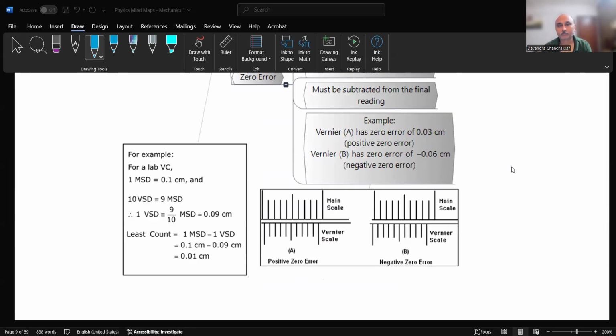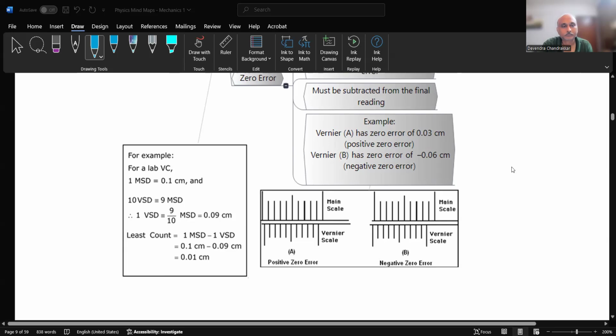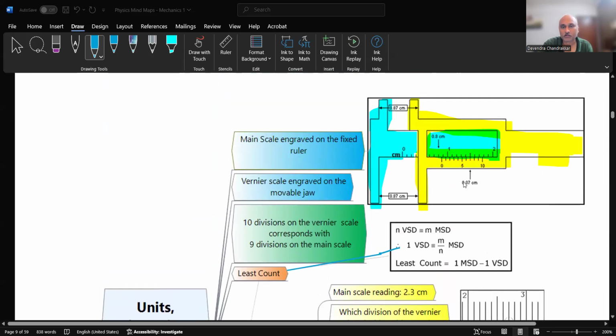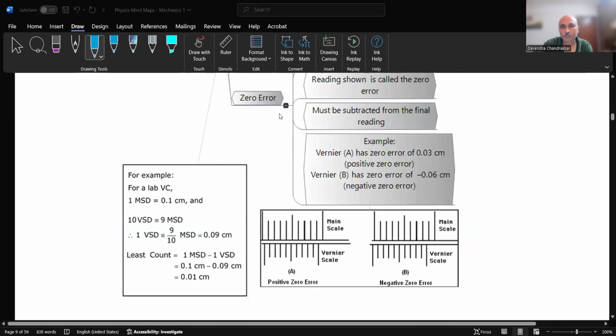Sir, done. Done. Okay. Now draw this diagram. Sir, can you scroll down, please? Thank you.